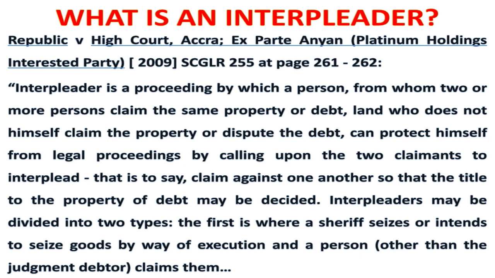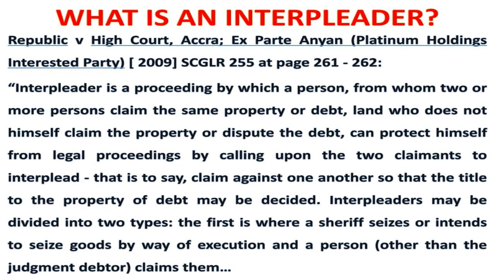Now Kofi goes ahead to instruct the registrar and the bailiffs, and they went ahead to seize a property that Kofi believes belongs to Kwame. Now remember, the seizure is done on the instructions of the registrar. So when the property is seized, it is in the custody of the registrar, and the registrar will have it until the sale has been conducted.